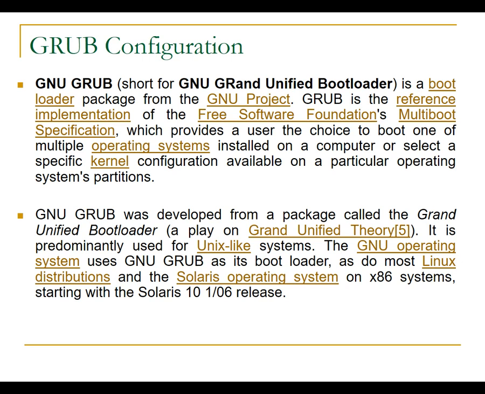The GNU operating system uses the GNU Grub bootloader, as do most Linux-like distributions such as Red Hat, Fedora, Puppy Linux, Kali Linux, and Sun Solaris, for 32-bit as well as 64-bit. So almost all Linux-like operating systems nowadays use Grub instead of Lilo configuration, because it's a background process which is not visible on screen, but throughout the life cycle of the system it gets executed from the starting to the shutting down of the system.